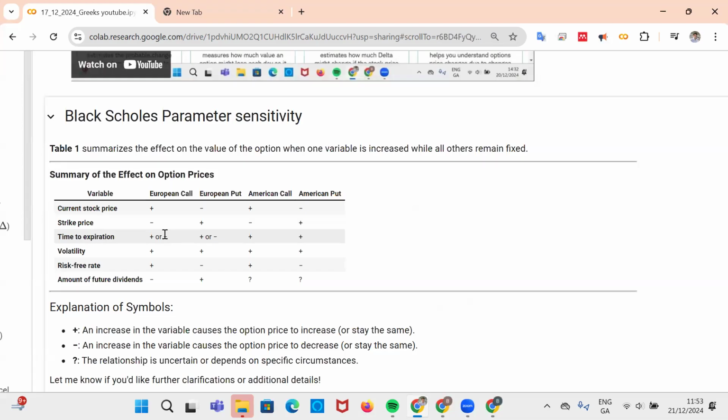There are instances where as we increase the time to expiration, the value of the European call can drop if the dividend is positive. If the dividend is zero, as we increase the maturity of the option, the value of the option goes up.